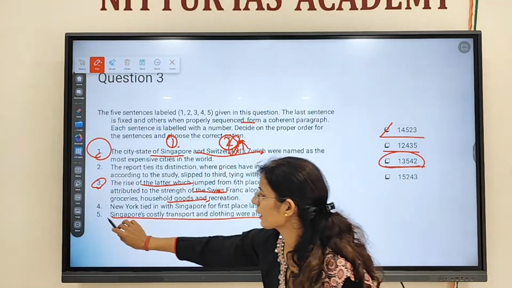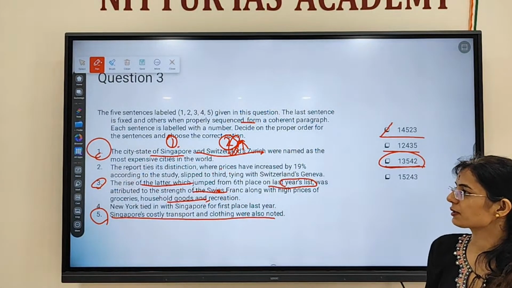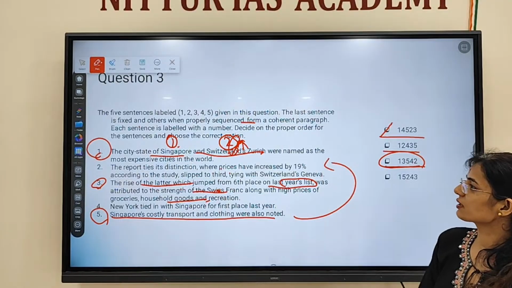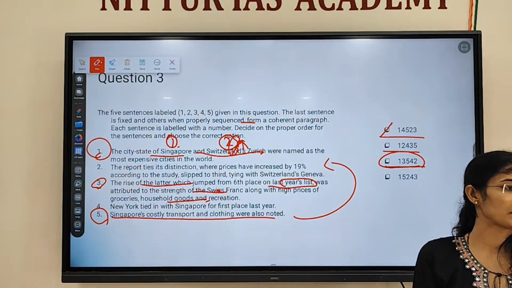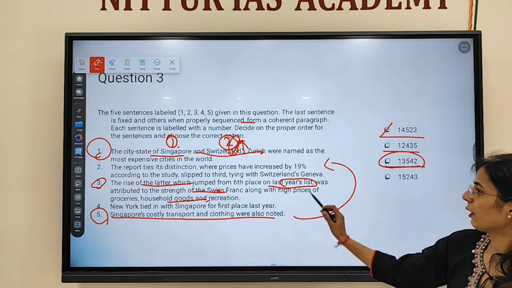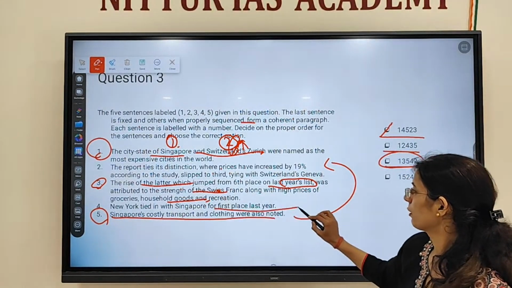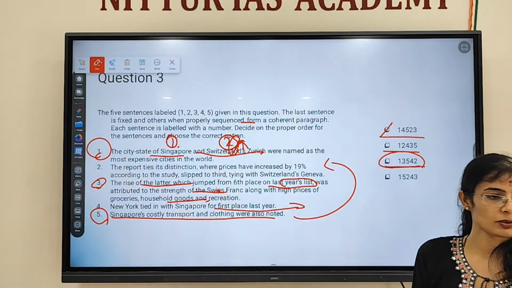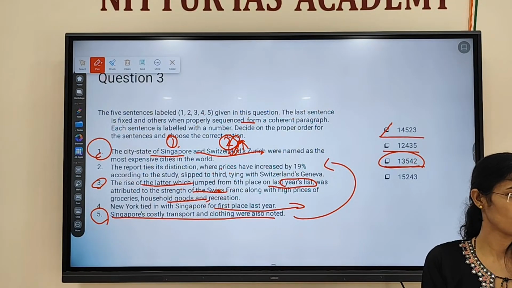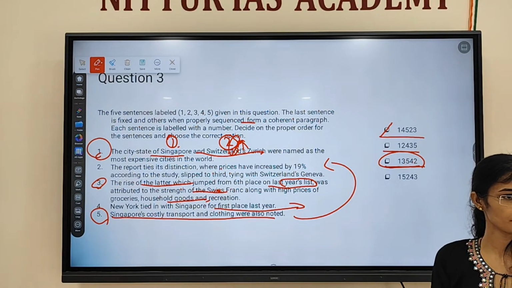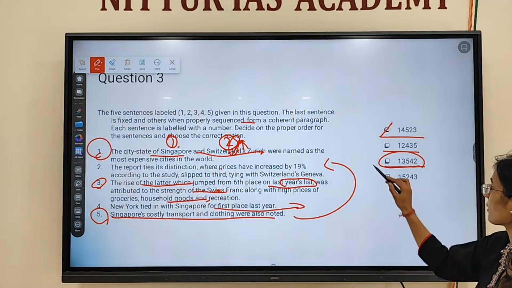Goods. The next sentence is talking about the increase of prices, and then we are saying overall it is observed that a 19% increment has happened. And in this list, New York is also not behind. They have also come along. Make sense? The answer is this one.